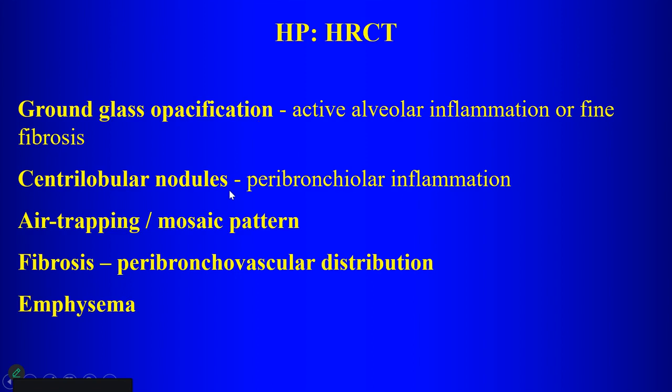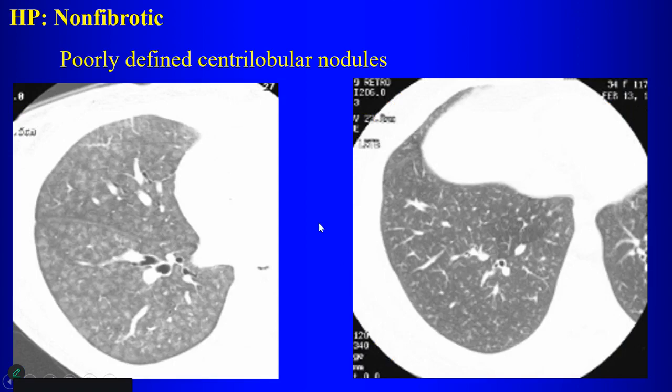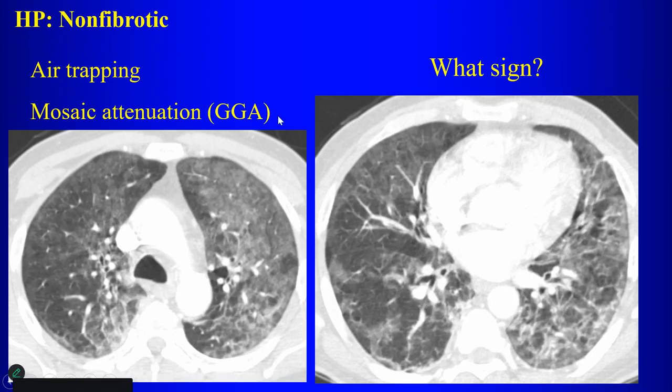So on CT: ground glass opacity, central lobular ground glass nodules representing the inflammation around the central lobular airways, air trapping, fibrosis, emphysema. So the air trapping can be very helpful when we see it. Poorly defined central lobular ground glass attenuation nodules, that's a hallmark of hypersensitivity pneumonitis.